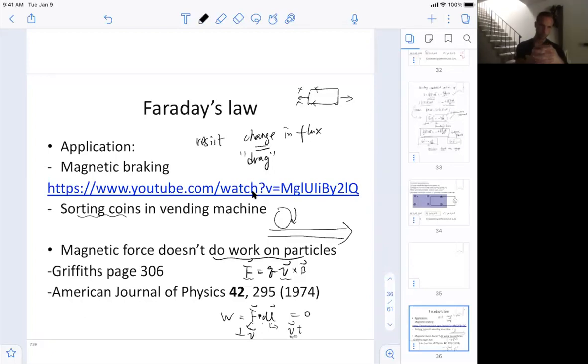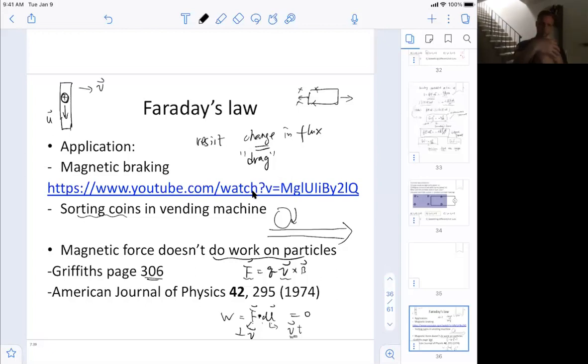Is there a paradox? You can read up on it in your textbook, and there is also an article that explains a little bit more about why there is a difference between these two. They're also worked on by magnetic force. So read a little bit about that. But it turns out it has to do with, if we're looking at this metal bar, the little microscopic charges inside the metal bar, the charges moving relative to the bar have this velocity going down. But at the same time, the entire bar is moving to the right with the velocity going to the right.